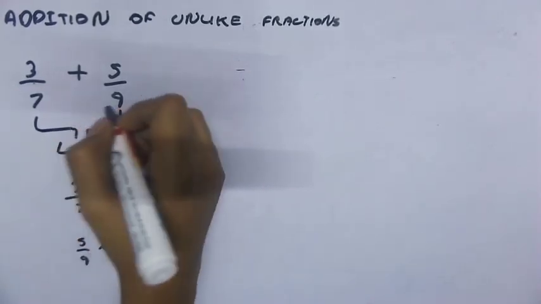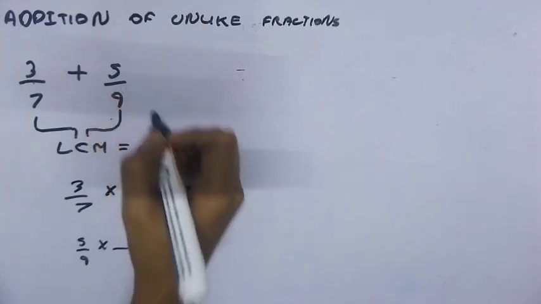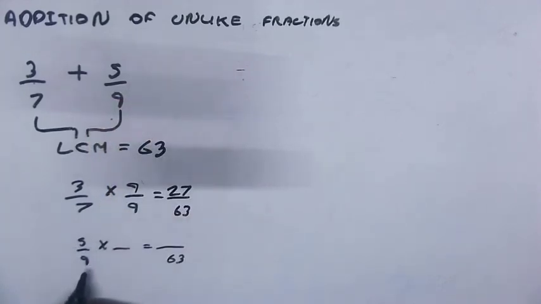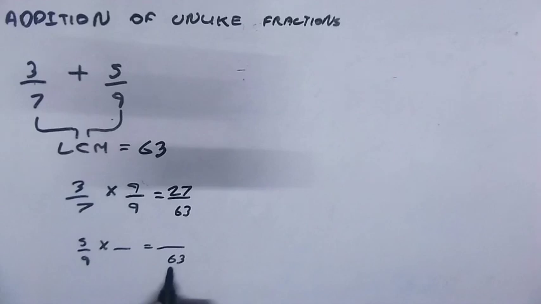Let's move on to the second fraction, that is 5 by 9. So 5 by 9 is here. You put a multiplication symbol, you leave a space for a fraction, you enter equal to, and you leave a space for a fraction, and here you enter the LCM. So 5 by 9 into dash equals 63, which is the LCM.